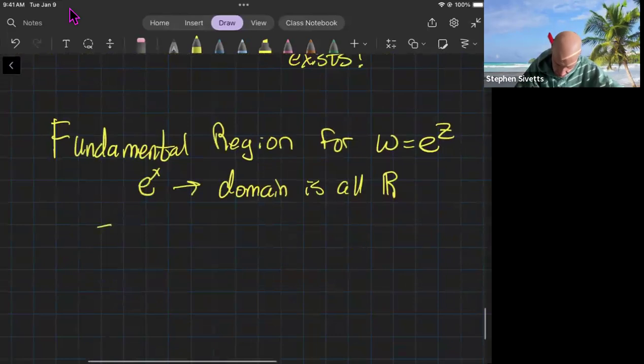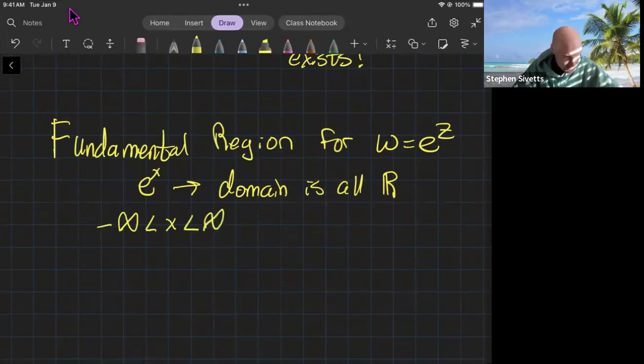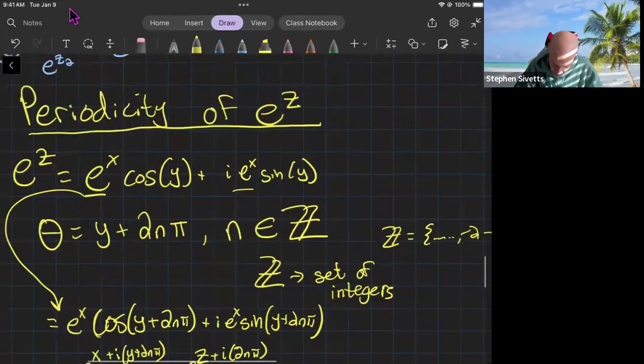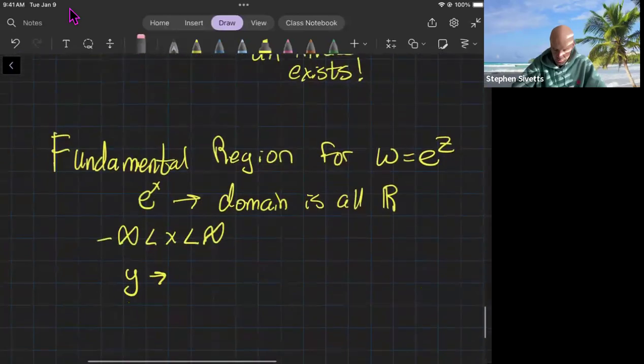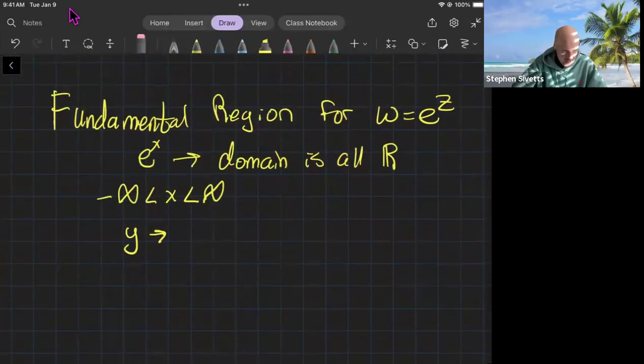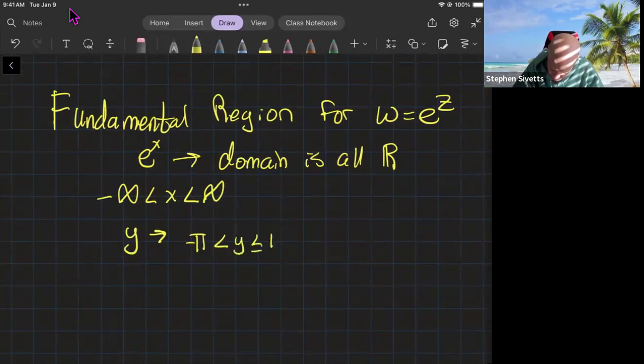So its domain would be the entire real line. Okay. And then for y, this is where we'll have our fundamental region. So we want to reflect the limits on y in terms of the principal argument of a complex number. So the restriction for y here is that y is between minus pi and pi, including pi.